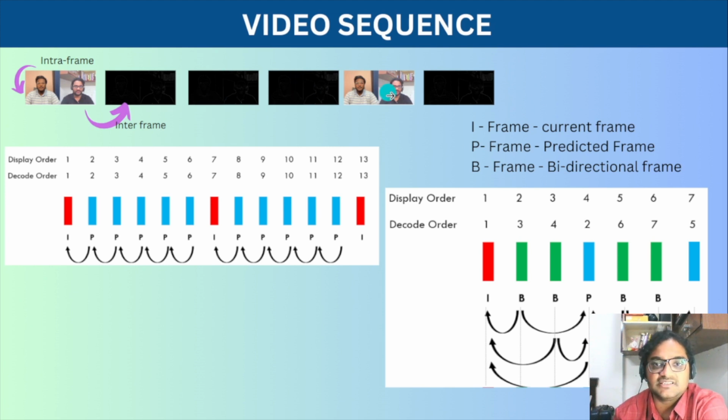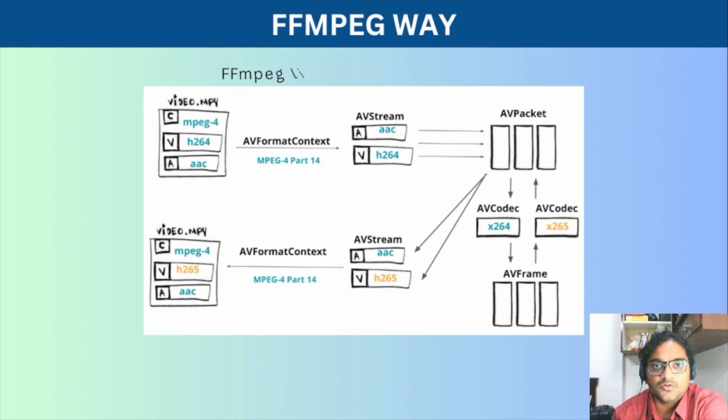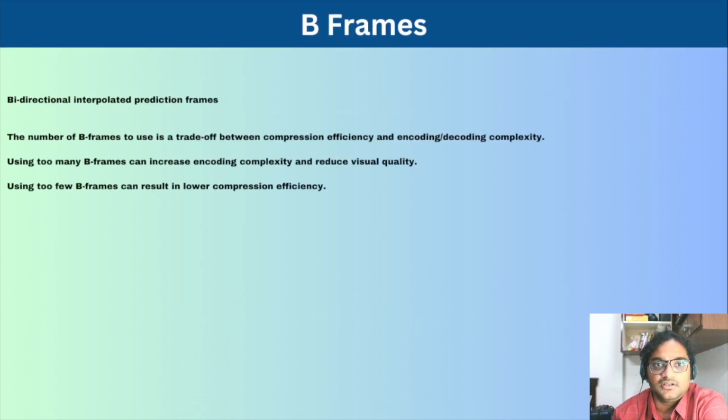That depends upon the settings. We compress it like this, and during decompression we also need to follow the same order. So we need to ensure that on the display a frame will not appear until the previous P frame or B frame has appeared.